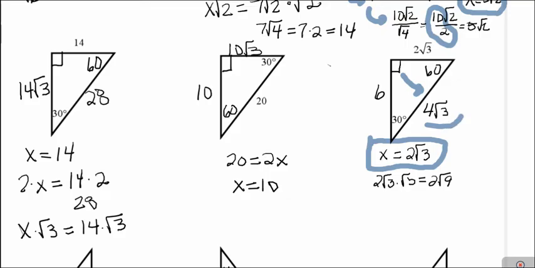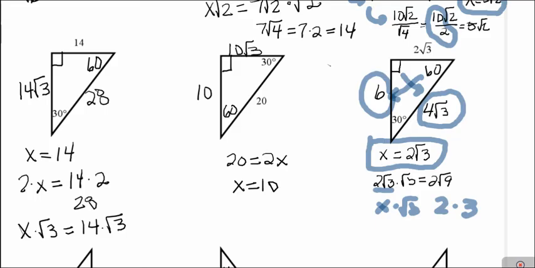So that's how I got 4 square root 3 for this side. And then the side across from the 60, I have to take x and multiply it by the square root of 3. And that's how I got 2 square root 9, or 2 times 3, which is equal to 6 when I simplify completely. So those were your two missing sides in that example.